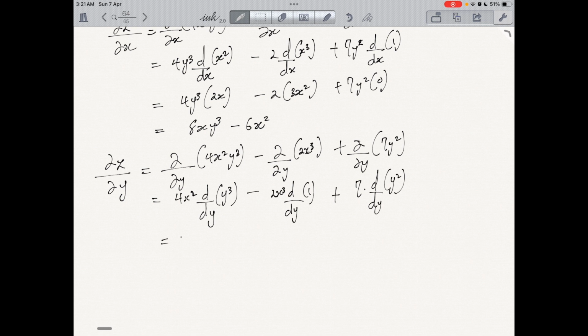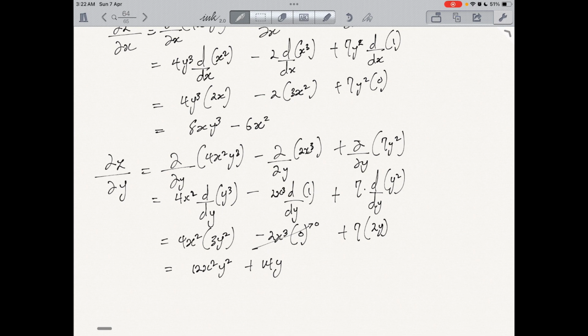Now we have 4x squared multiplied by 3y squared minus 2x cubed multiplied by 0 plus 7 multiplied by 2y. And we will be having 12x squared y squared. This nullifies to give 0, plus 14y.